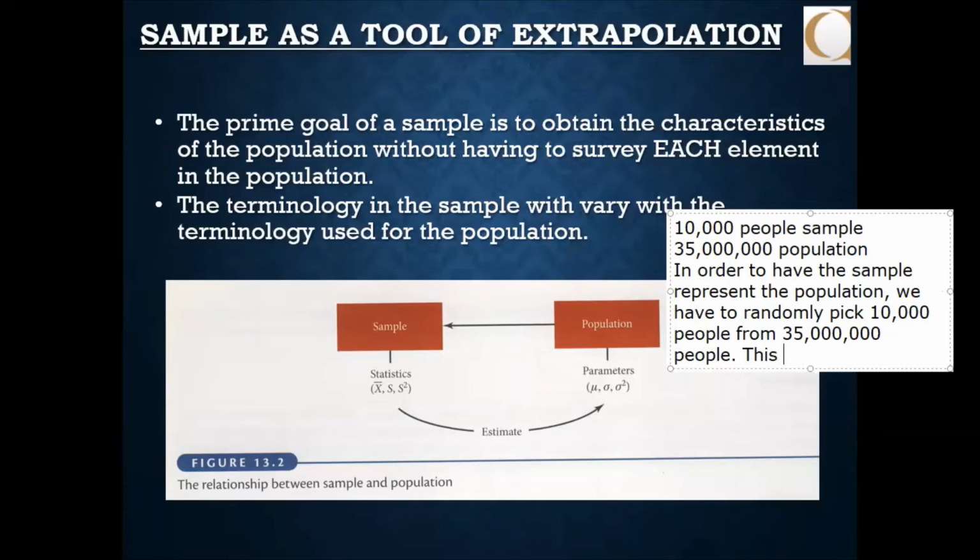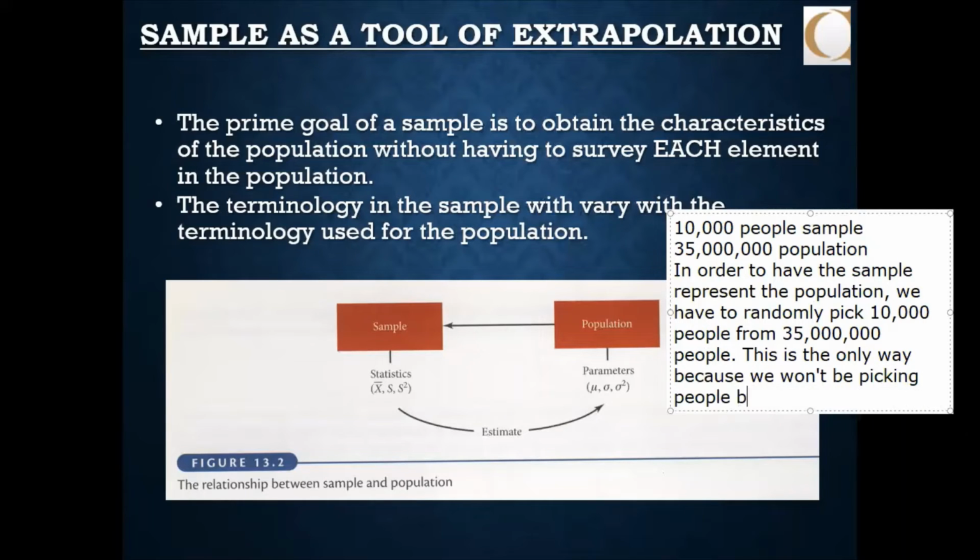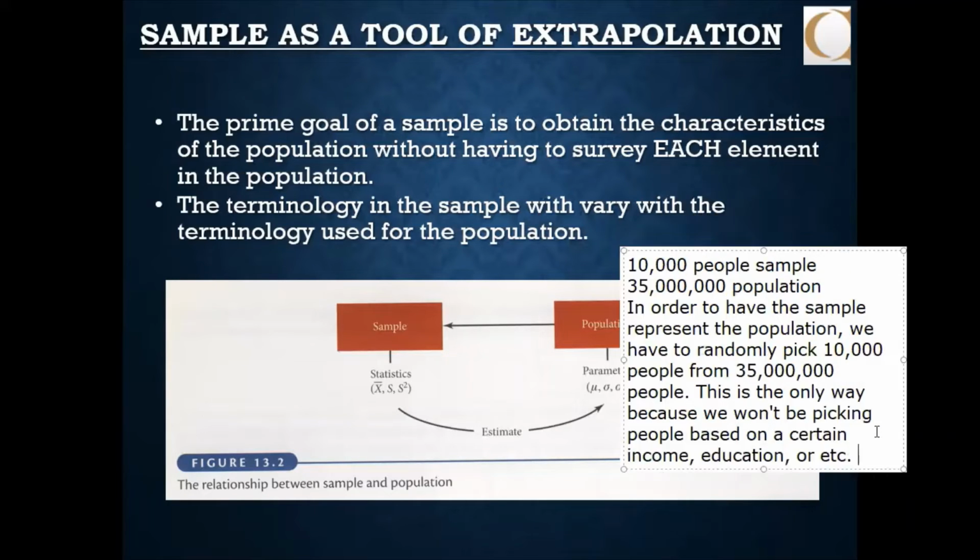This is the only way, because we won't be picking people based on a certain income, education, or etc. So yeah, we have to randomly pick that in order for it to be unbiased.